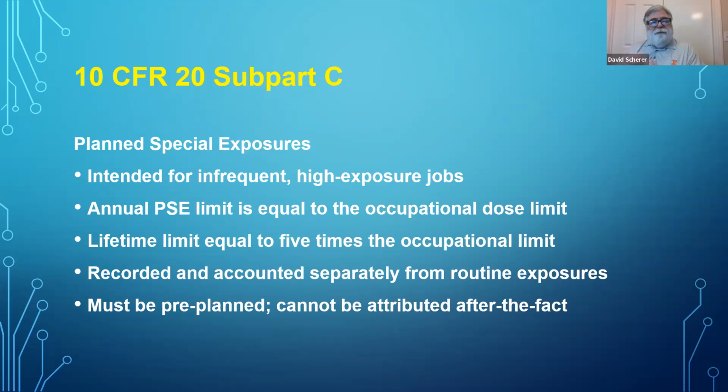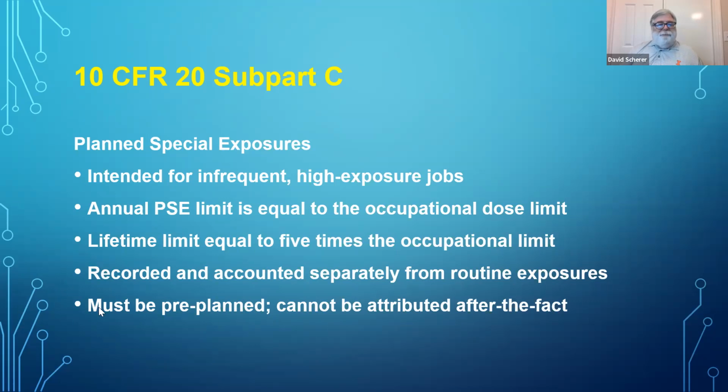If they prospectively make the decision that they need to do this, and it's a planned special exposure, you can get an extra year's worth of dose for all those different standards. You get 1 more in any given year. And over the course of a lifetime, you can have no more than 5 times the annual limit. So it's a separate checkbook. It's a separate account of dose apart from the annual normal exposures. Okay.